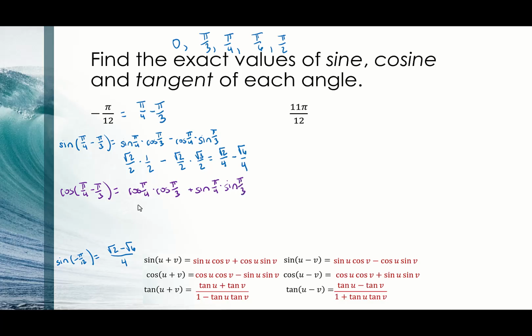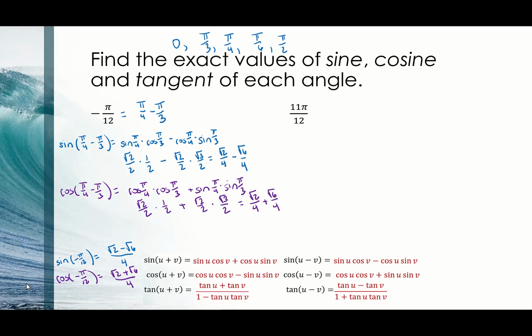And when we evaluate these, we get root 2 over 2 times 1/2 plus root 2 over 2 times root 3 over 2. And that's going to give us root 2 over 4 plus root 6 over 4, which I will just simplify as I get down to the bottom of this. So we're going to say cosine of negative pi over 12 equals root 2 plus root 6 all divided by 4.